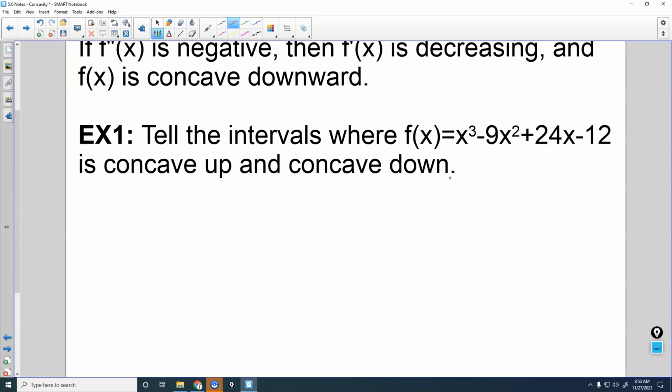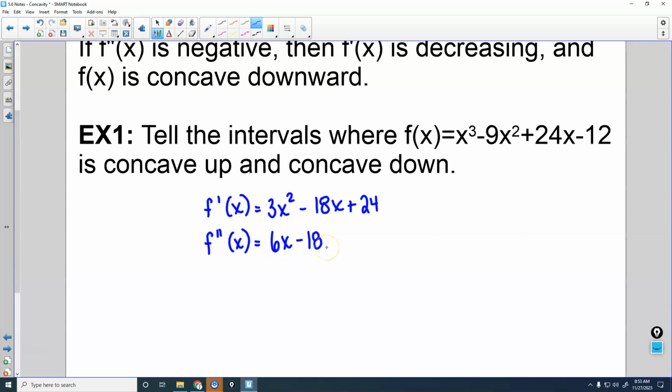I want to know about concavity, which means I'm going to look at the second derivative here. So I am going to take my first derivative, which is going to give me 3x squared minus 18x plus 24. And then I'm going to take the second derivative, which will just be 6x minus 18.